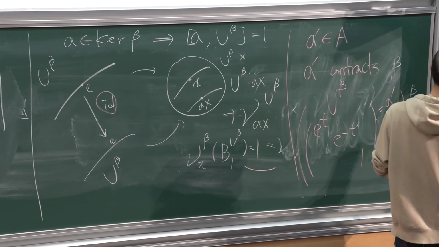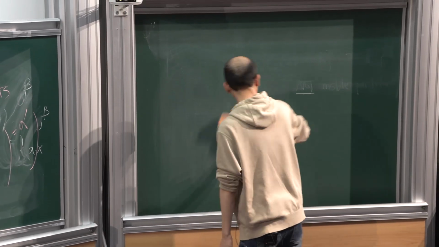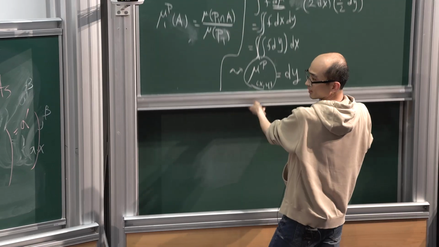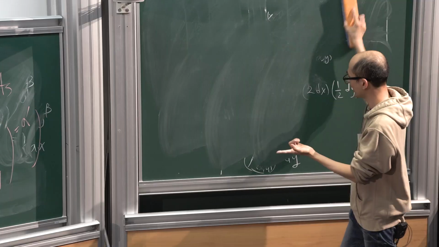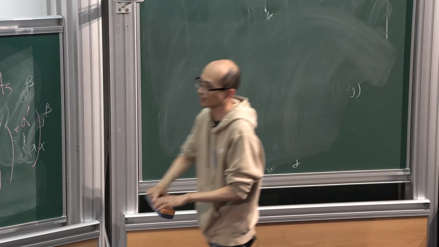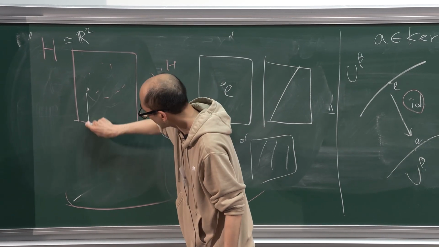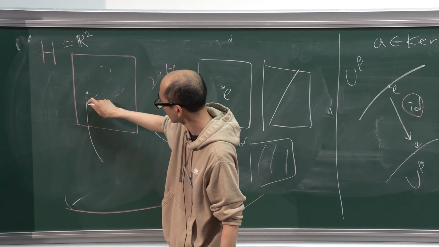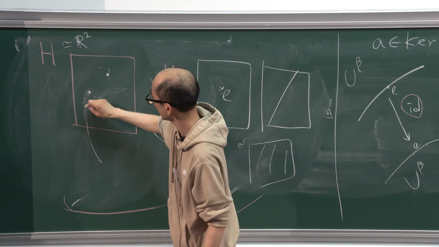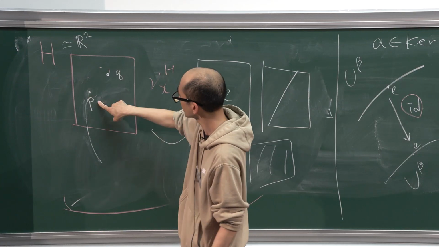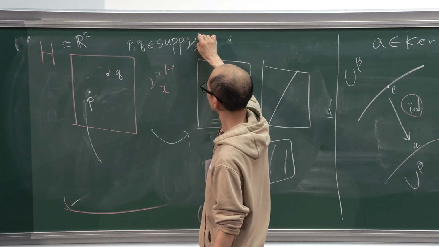So any questions so far? The idea is very simple. I think I presented it very complicatedly, but basically the idea is that if you have isometric dynamics, then let's say here and here are support, X and Y, P and Q are two points in the support of the measure.